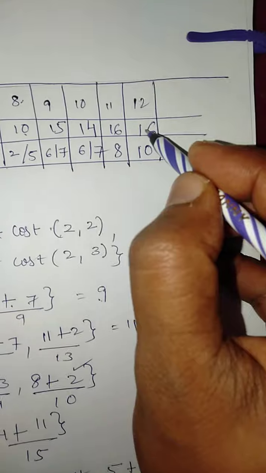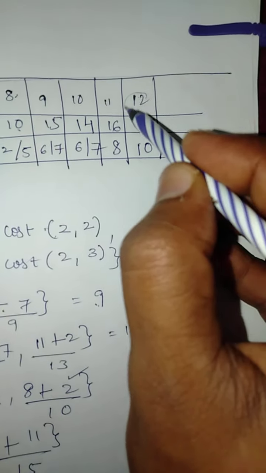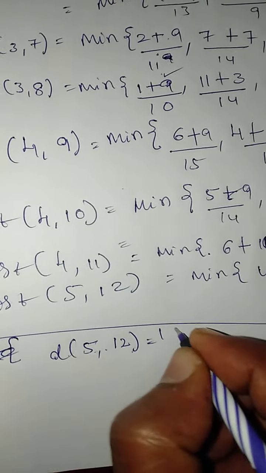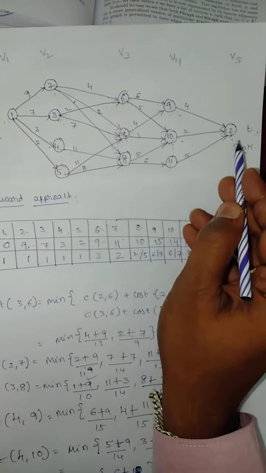The previous stage vertex for vertex 12 is 10, and hence d(5,12) is 10. I mean, we are moving from sink to source.